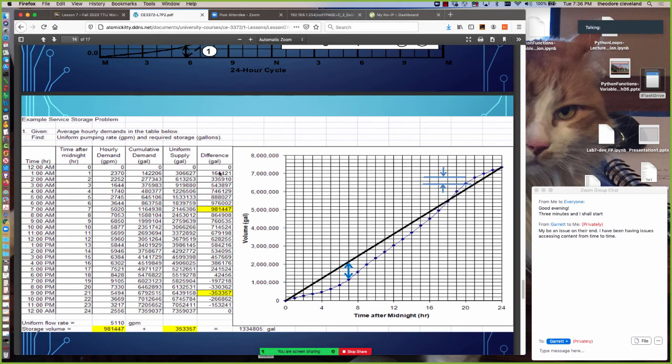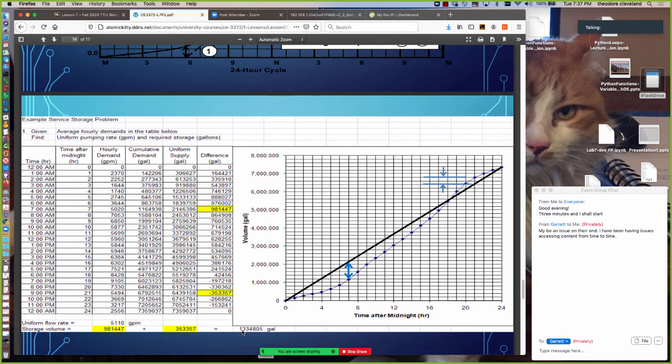And then we tabulate the difference between demand and supply over the course of the pumping period, and then we get the largest positive value and the largest negative value, algebraically combine the absolute values of each for a required storage, in this case, of 1.3 million gallons.